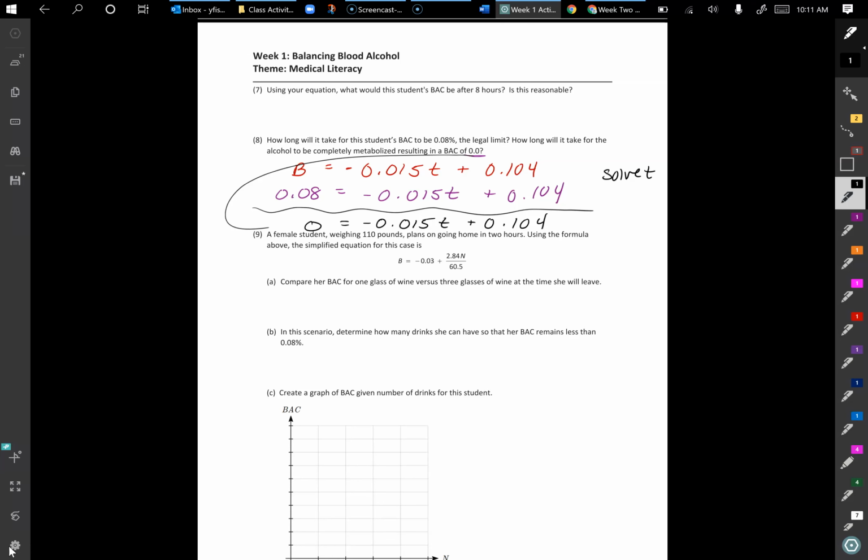Then for number 9, we have a different scenario. You're plugging in the values that you know, and you're figuring out n down here for part B. And for the graph, you are going to just use the information that you had, or you could use your simplified equation there and plot the points.